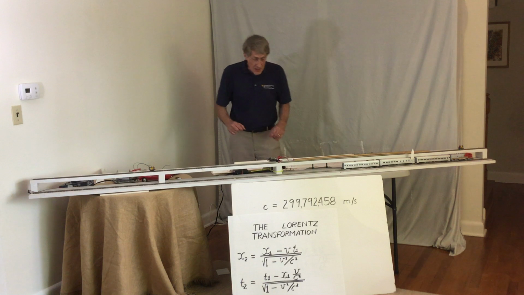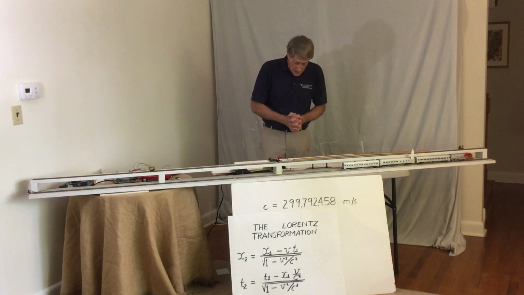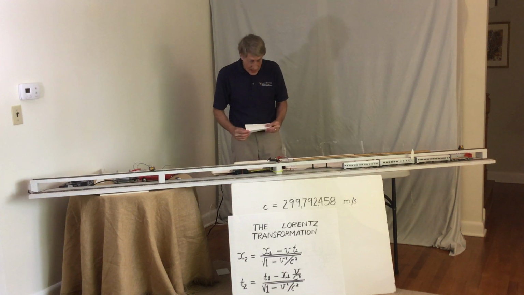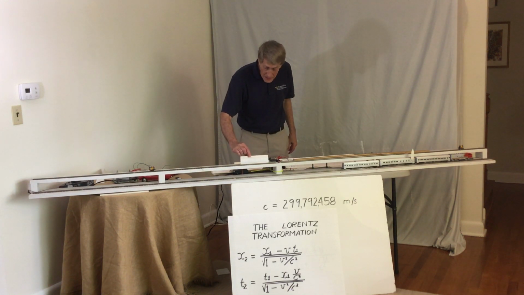Hopefully now that expression at the same time carries a lot more meaning to you, because as we look at Terry's meter stick going by, this is maybe what we see.